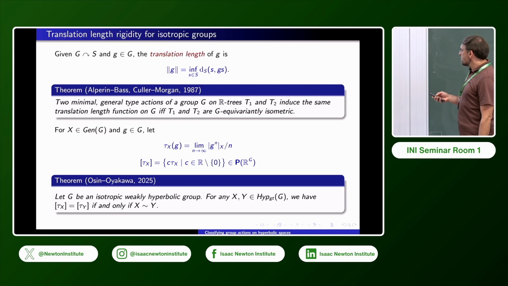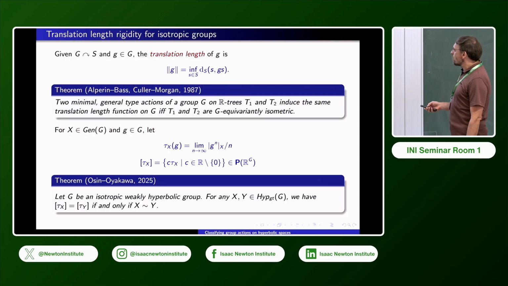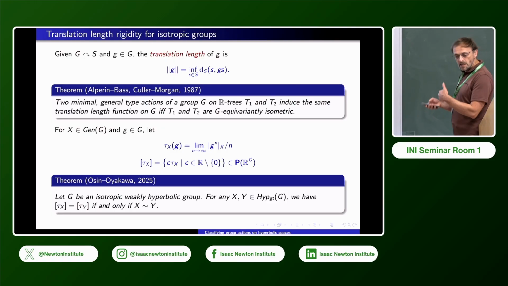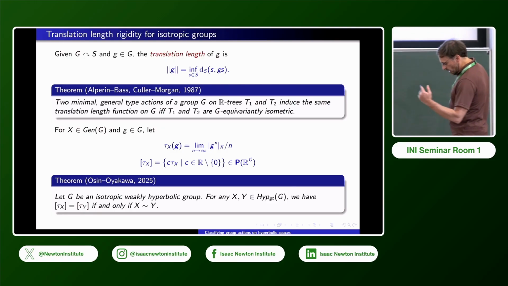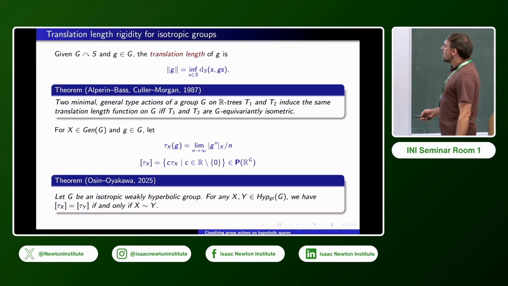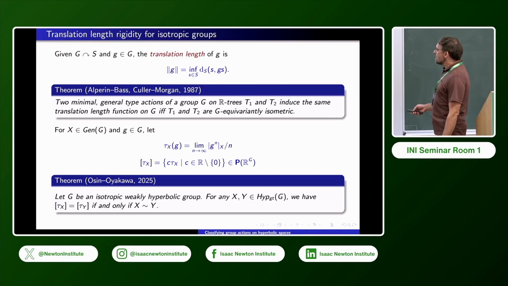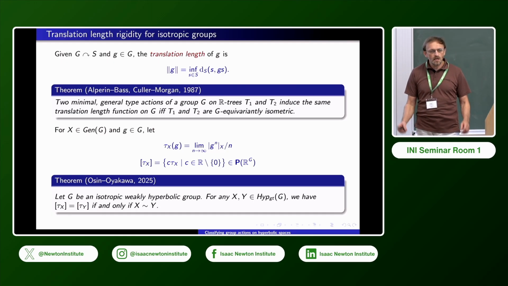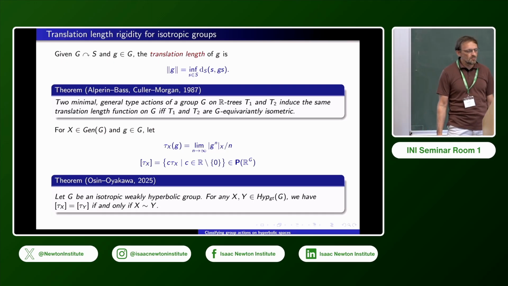And it turns out that we have a similar rigidity phenomenon. So suppose we have an isotropic weakly hyperbolic group. That's important, that the group is isotropic. Then for any two generating sets from this set, so that the corresponding Cayley graphs are hyperbolic of general type, the length functions are proportional if and only if the corresponding generating sets are equivalent in the sense which I described before.